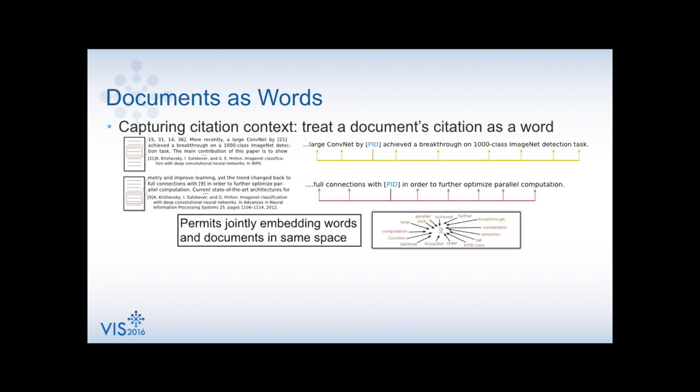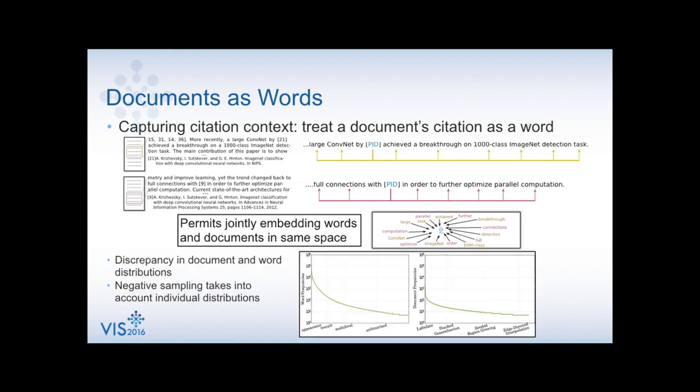We then push neighboring words and documents together while pushing randomly sampled ones away, giving us a joint embedding of words and documents in the same space that captures citation contexts. Now, an issue with this approach is the discrepancy in the document and word distributions. Document citations tend to appear far less than words. But by performing negative sampling with respect to their individual distributions, we can resolve this bias in order to yield more effective embeddings.